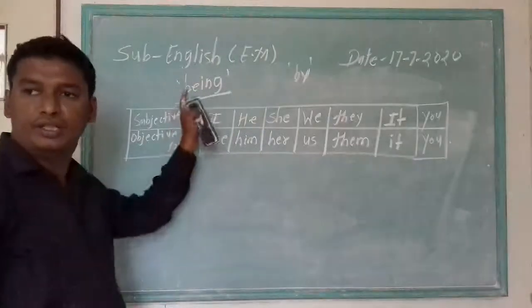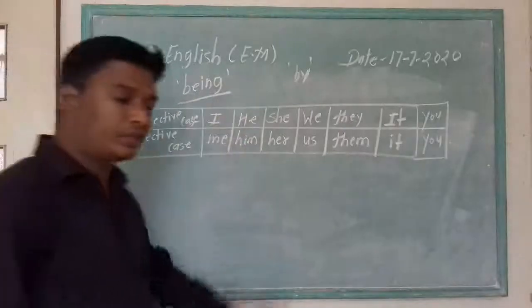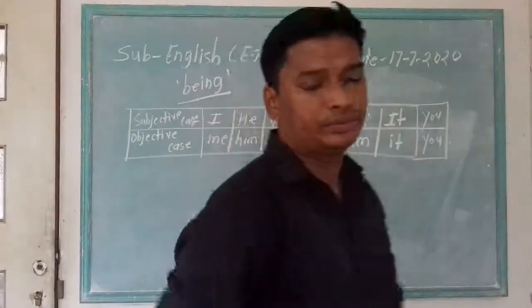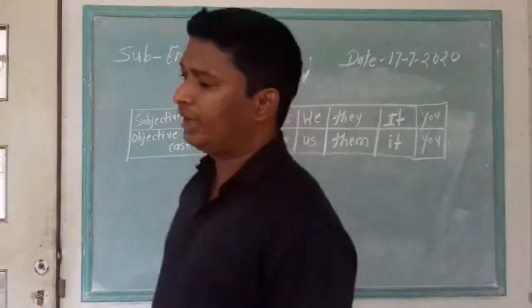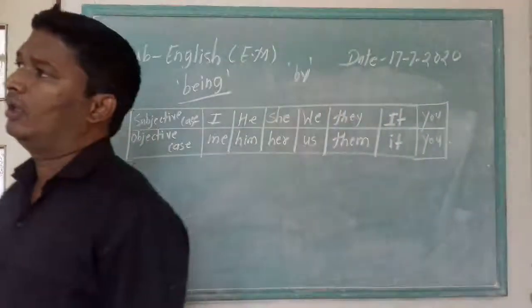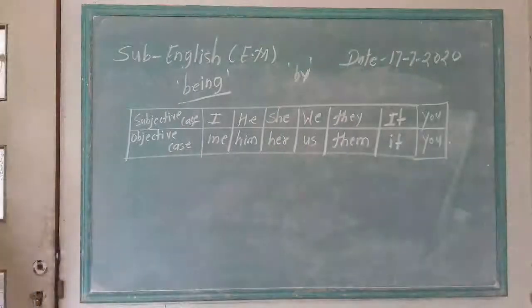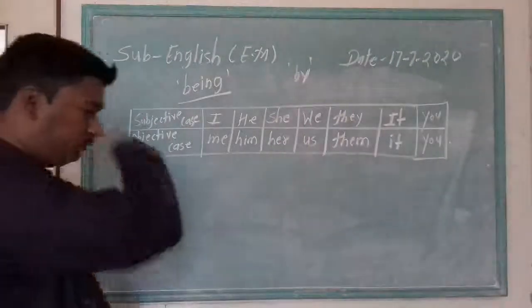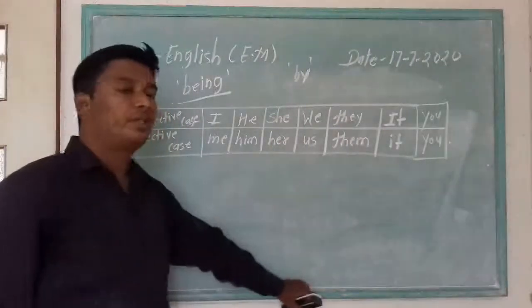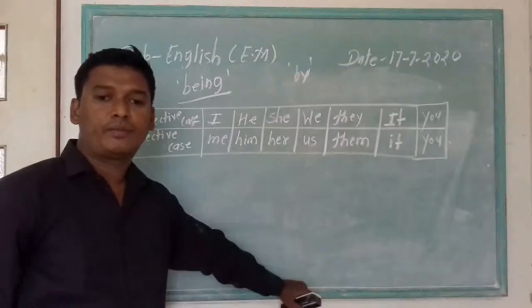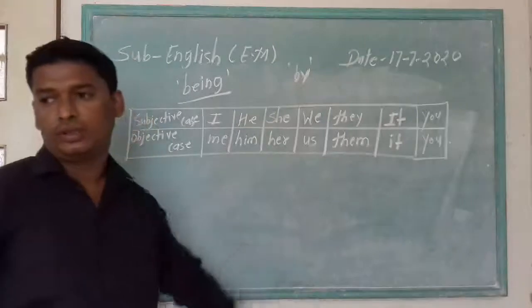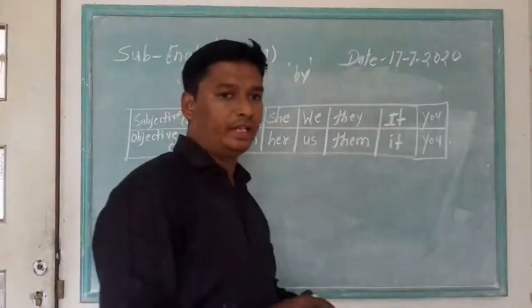Put being in the PV sentence after the auxiliary verb. Next rule, leave a line, take the next rule.